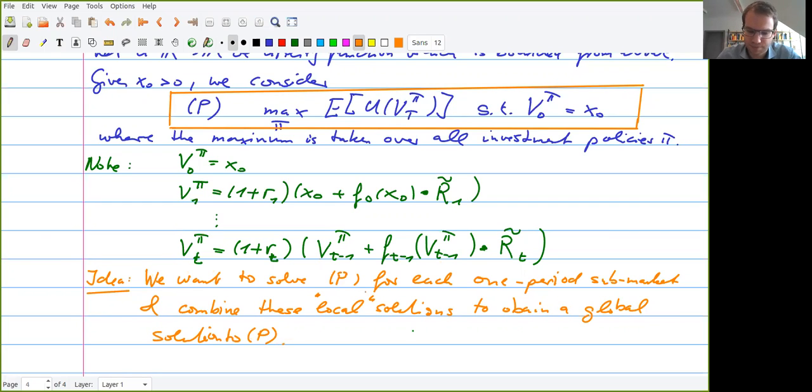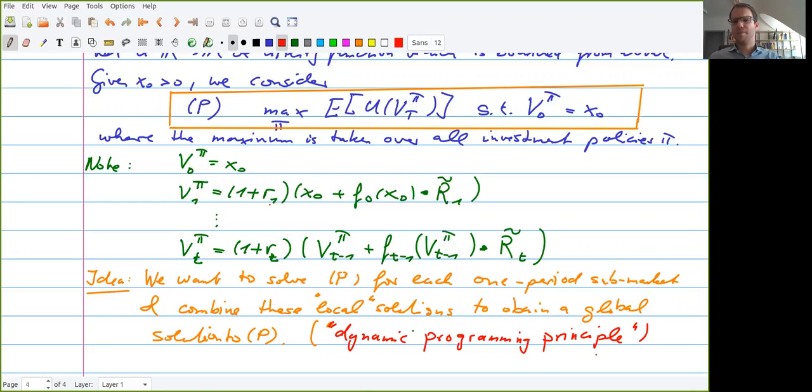And this idea is usually referred to as the dynamic programming principle, which is a standard approach to deal with such optimization problems. And this works often pretty nicely as long as you're in a Markov setting, so that you have the underlying independence needed to apply this idea.